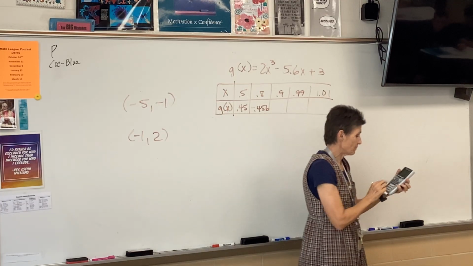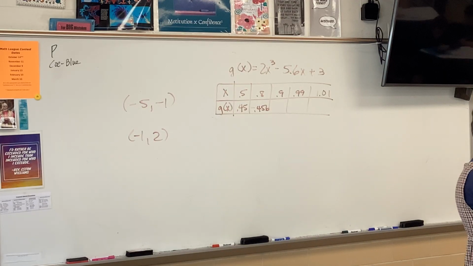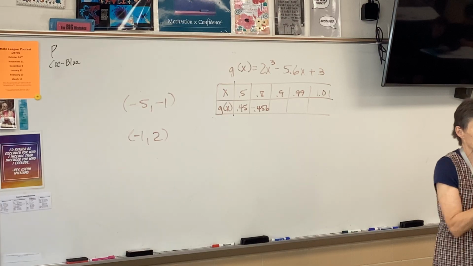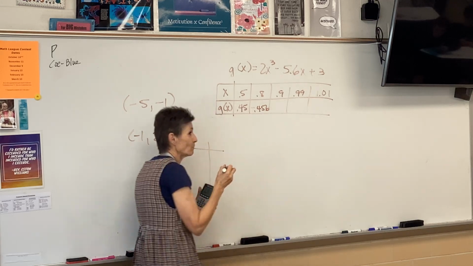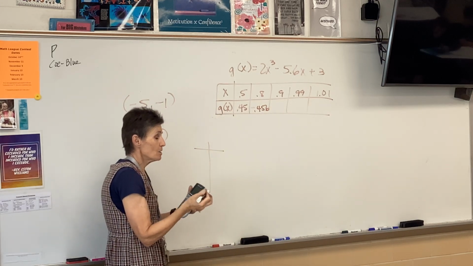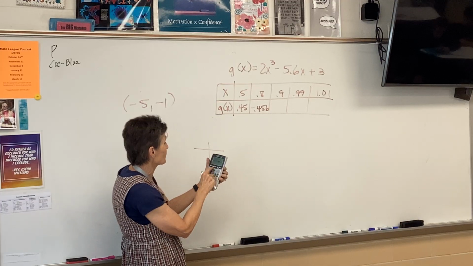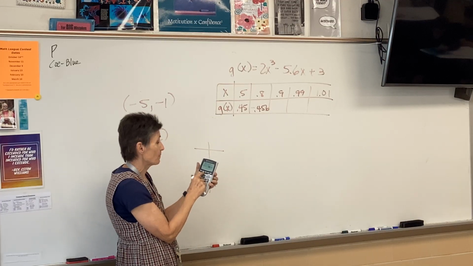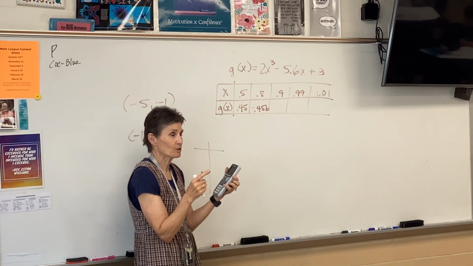If you go to table, so it's above graph, second graph, it actually will generate a T-chart of points for you. Now, here's the thing. It will generate the T-chart on whatever intervals you want it to be. So to set up your table, you have to go to second table set, which is above window. And then you need to tell the calculator, where do you want the table to start?